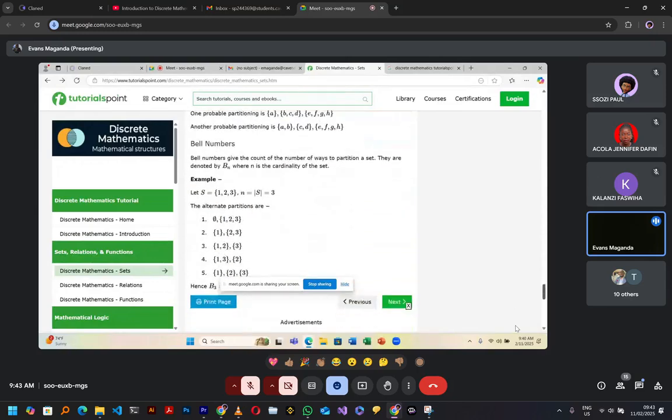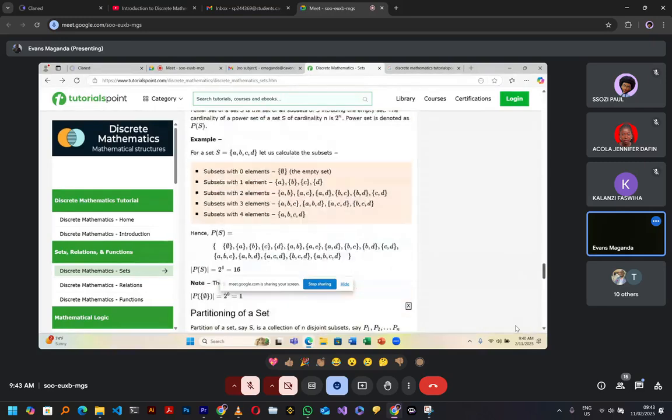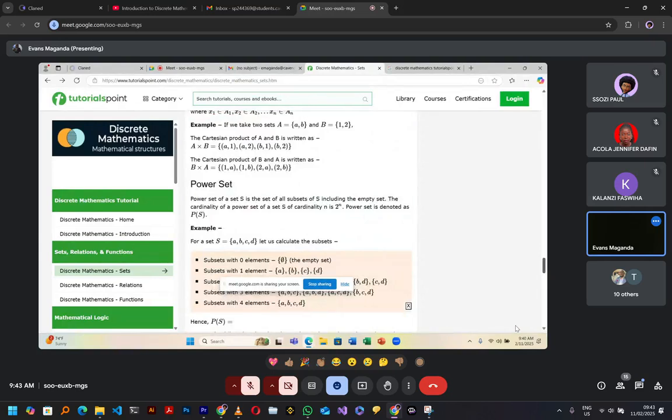Do we have any question up to that point? Power of sets, cardinality of sets, Venn diagrams.